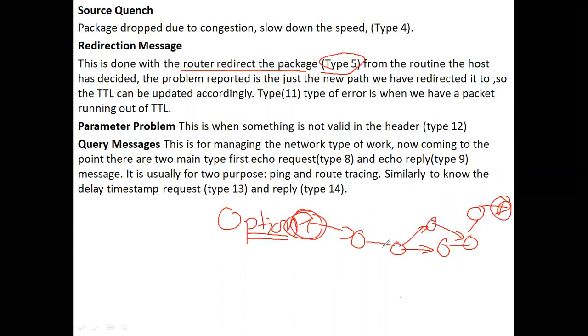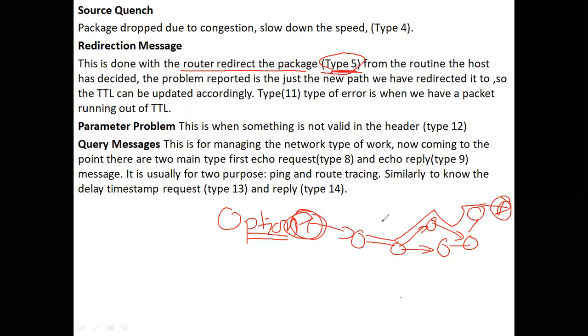So in future, if it sends another packet on this path, it can modify the path initially itself. I wouldn't really call it an error, but those sorts of modifications are in type 5.